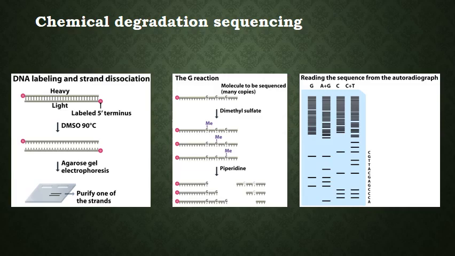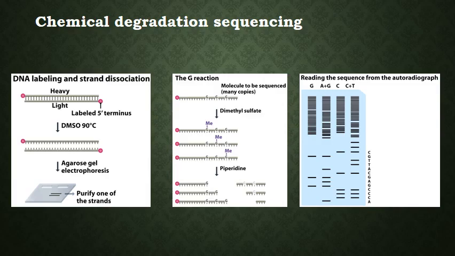Similar approaches are used to generate additional families of cleavage molecules, though these are usually not simply A, T and C families, as problems have been encountered in developing chemical treatments to cut specifically at A or T. The four reactions that can be carried out are therefore usually G, A plus G, C, and C plus T. This is complicated but does not affect the accuracy of the sequence that is determined.